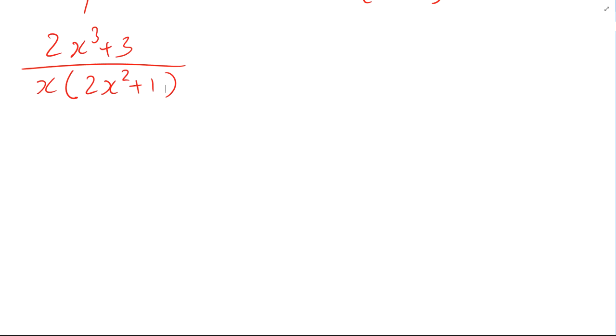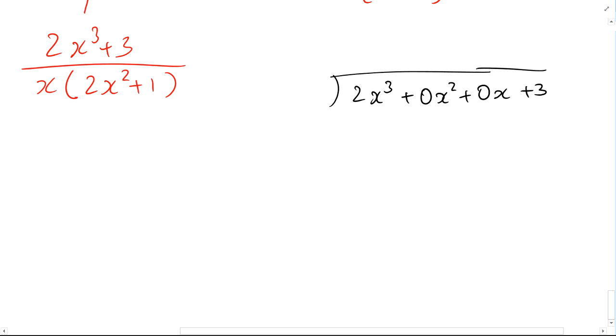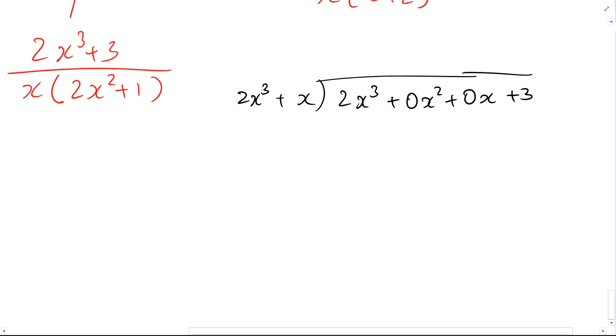So something divided by something. 2x cubed plus 0x squared plus 0x plus 3. Is this how you do it? Yes. Then the denominator, we've got 2x cubed plus x. So do our division. 1.